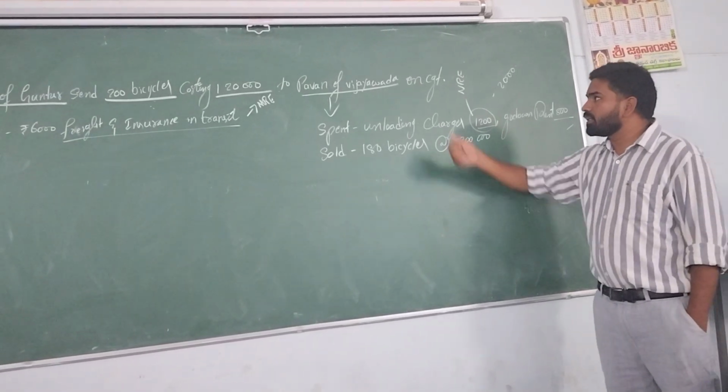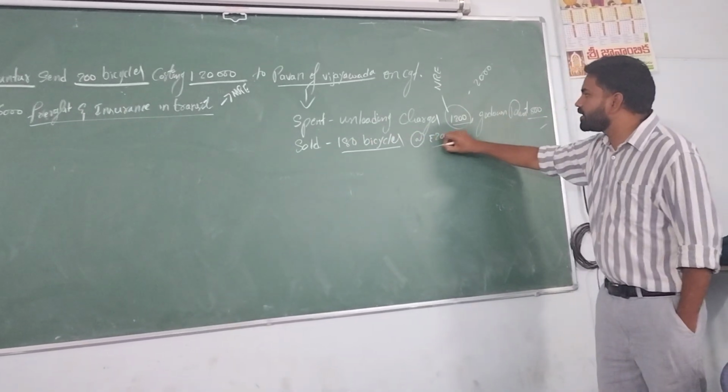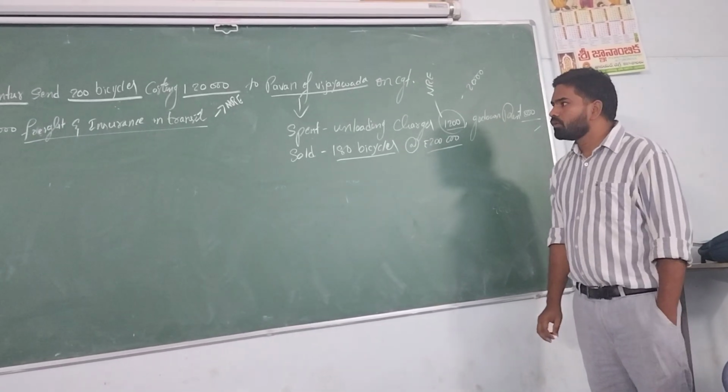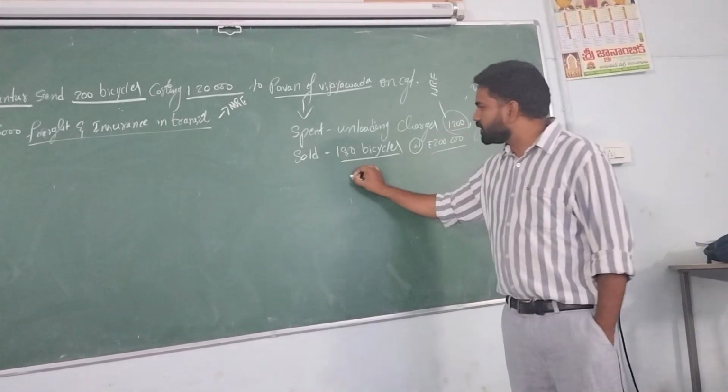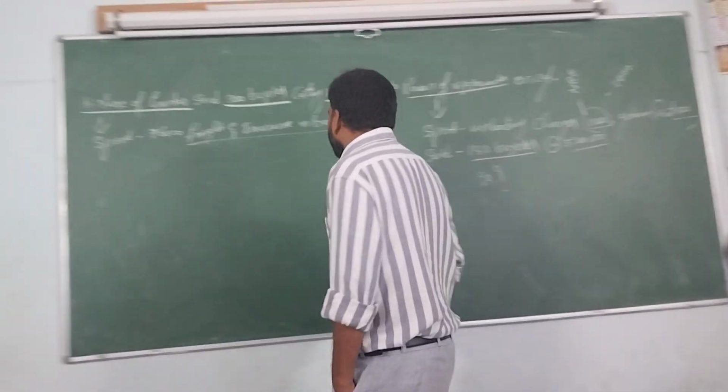After receiving the goods, he sold 180 bicycles at 2 lakh rupees. So here, what about the 20 bicycles? We have to find it. I repeat once again.